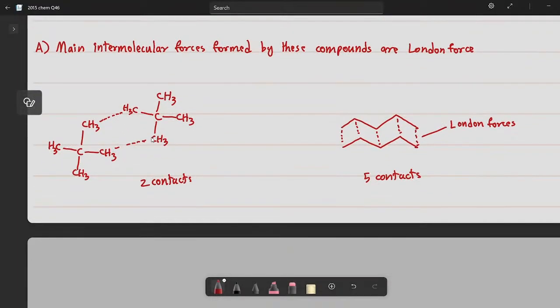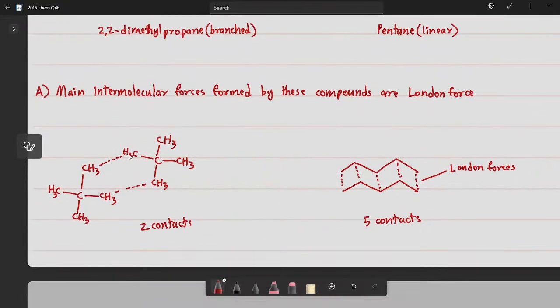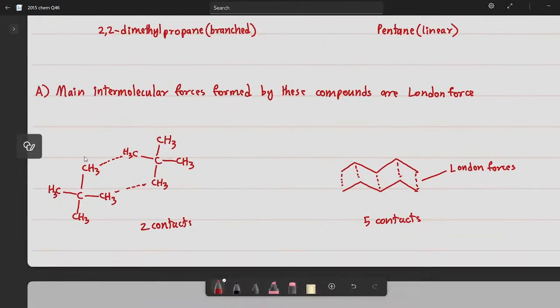That's why its boiling point is much lower compared to pentane: with very limited contact between molecules, it's easier to break the bonds. Less energy is needed to break fewer contacts, whereas for pentane there are more London forces of interaction, so more energy is needed to break these bonds.